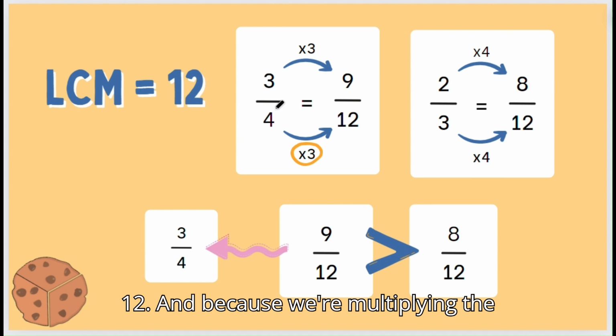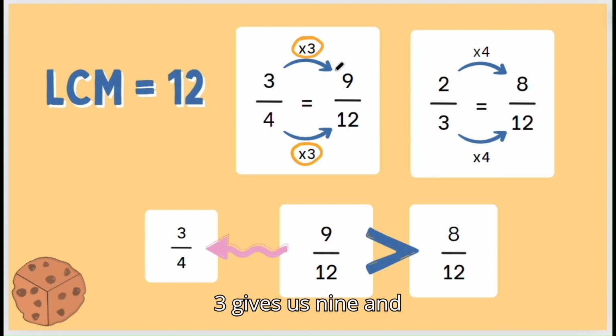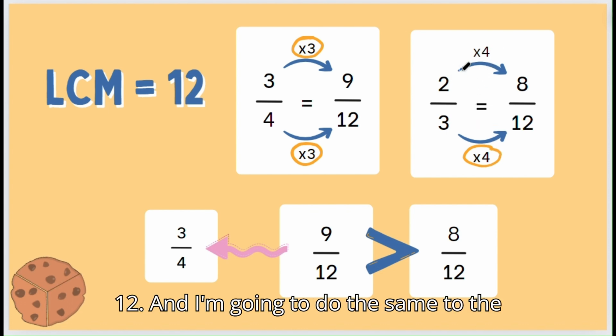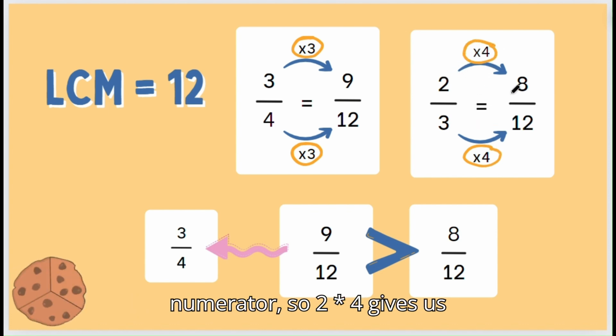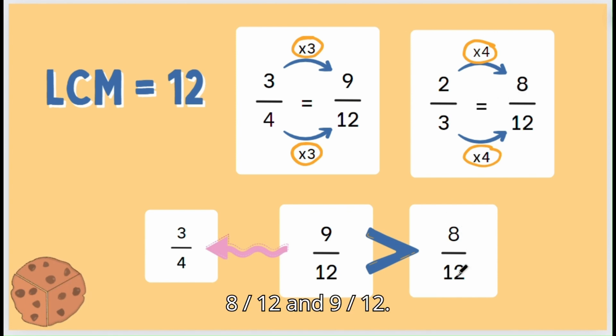Because we're multiplying the denominator, we have to multiply the numerator by the same number, and 3 times 3 gives us 9. For 2 over 3, 3 times 4 gives us 12, and I'm going to do the same to the numerator, so 2 times 4 gives us 8. So my new fractions are 8 over 12 and 9 over 12.